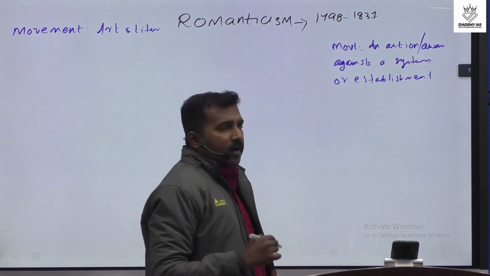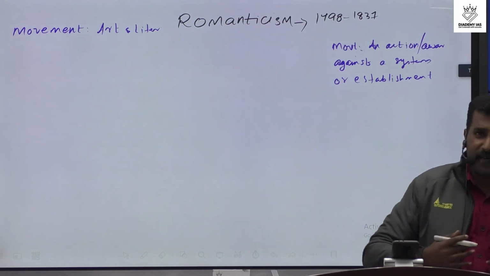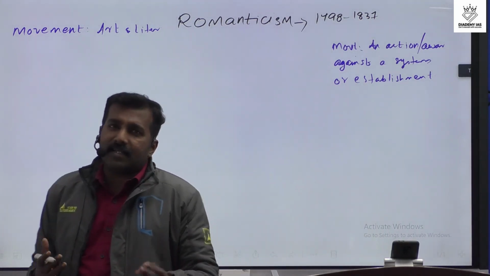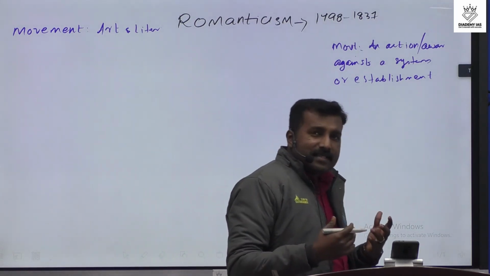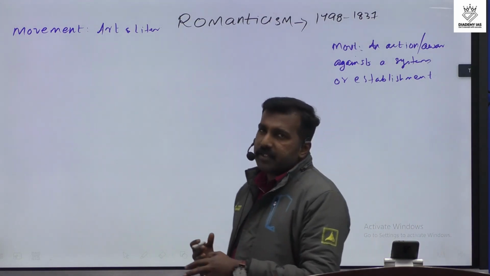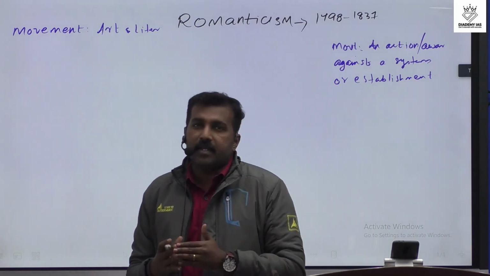Actually, we know that in the history of India also we have different movements. Like this, the literary movement here means an action or an awareness against some sort of establishment or some sort of system existing in a society.